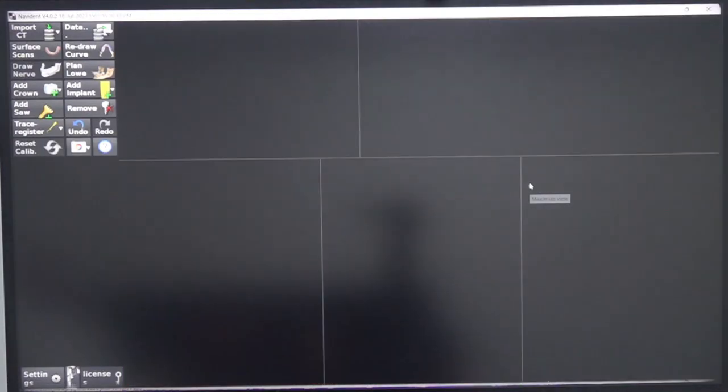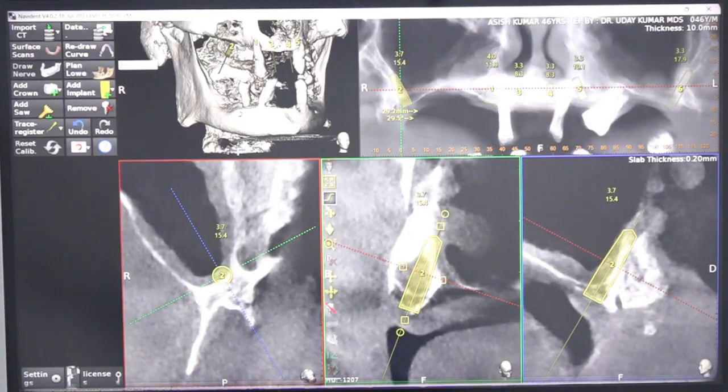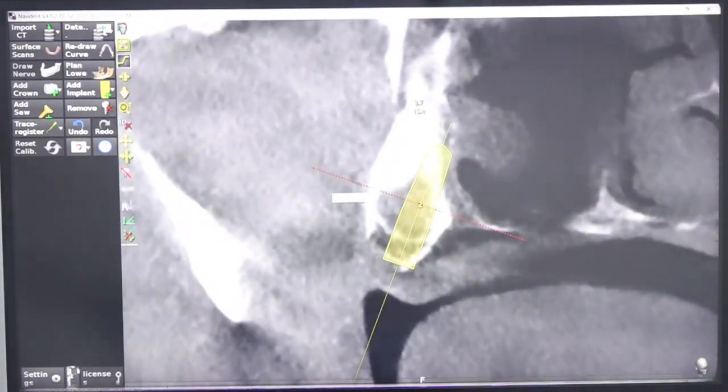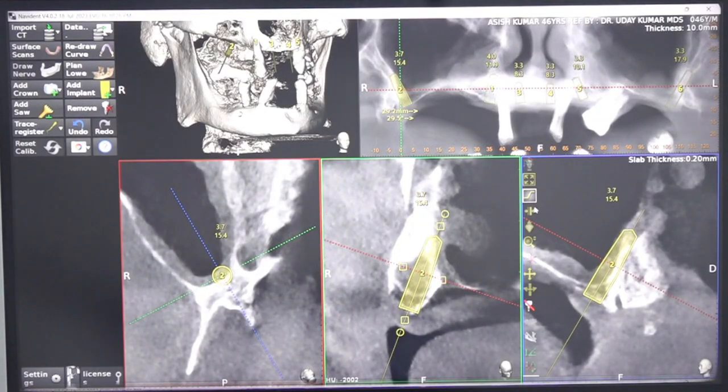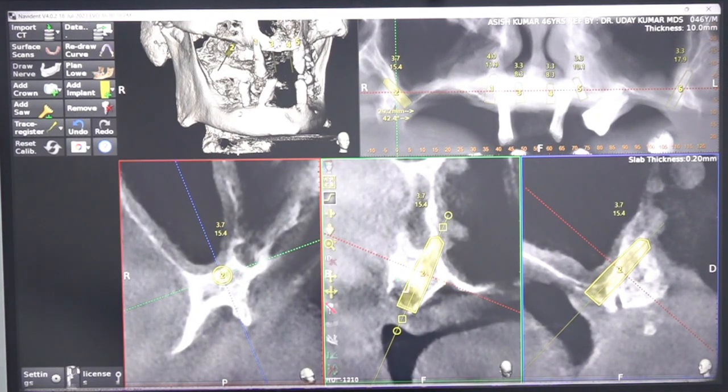So if I plan like this, that means most of the implant is in the sinus. We can appreciate in the bucco-palatal cross section that it is in the sinus. But if we tilt the implant in a proper direction, angle, it is into the bone, proper bone.